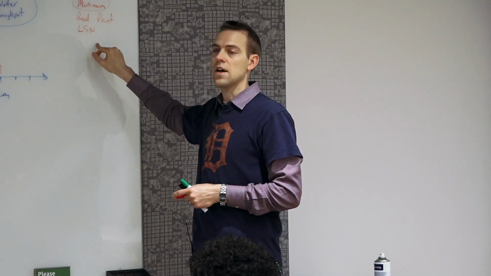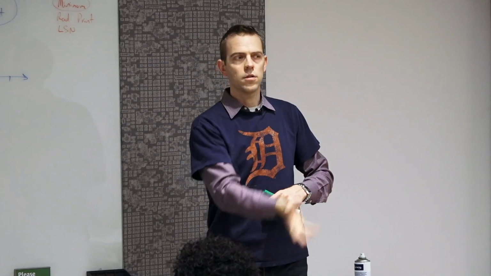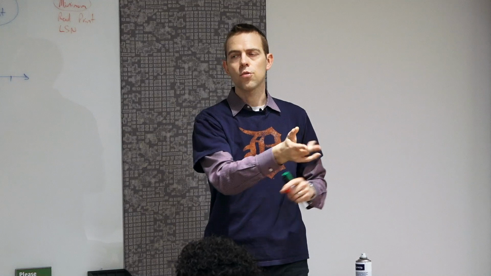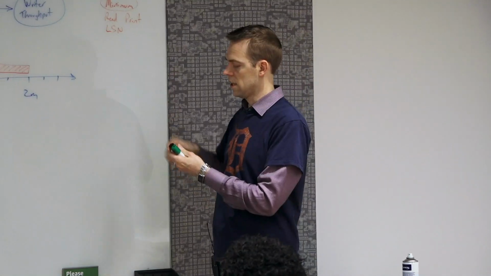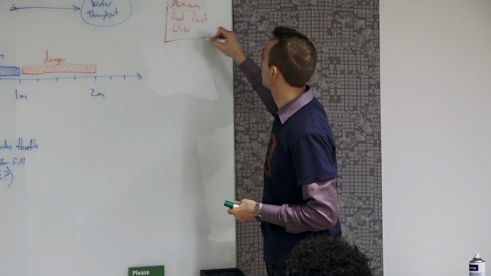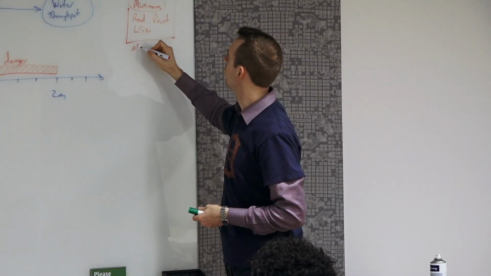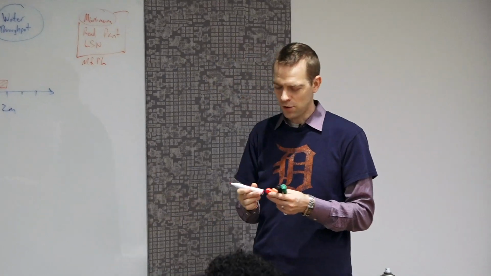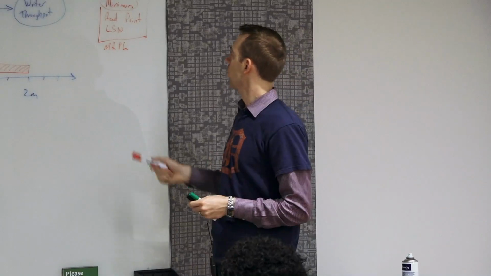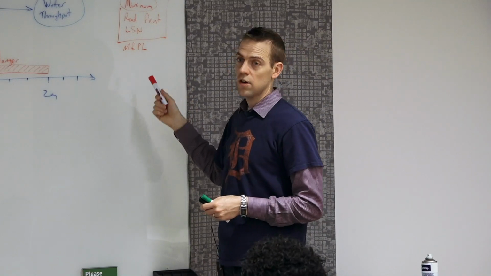After this, you can go ahead and back them up to S3 and then clear them off of your disk. This is the minimum read point LSN, or what we often call the MRPL. That's what I've heard the engineering team say a whole bunch of times.